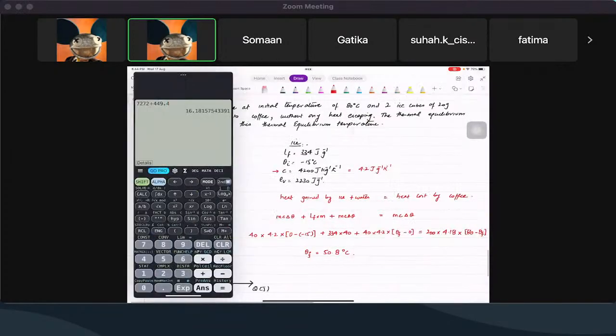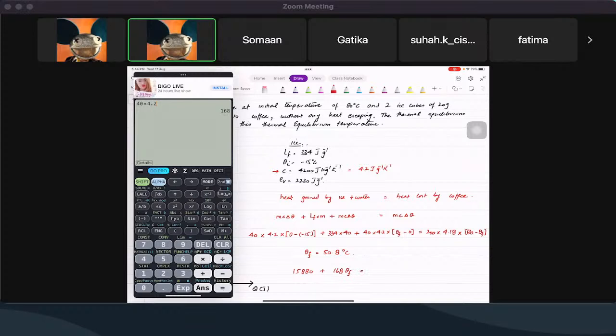So first I'm going to do 40 times 4.2 and this will be 15, plus 334 times 40. So I got 15880 plus 40 times 4.2, that's 168, 168 theta final.